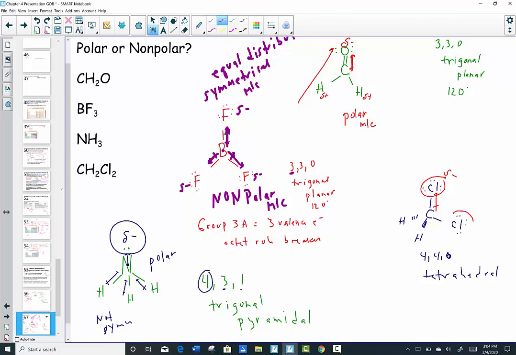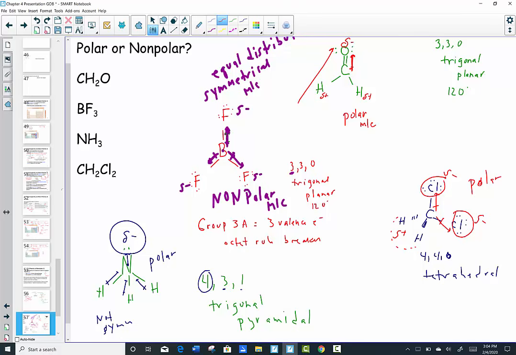And the same story here, this distribution is being pulled towards this very electronegative element chlorine, making this a very partially positive region over here for the hydrogens. This is a polar molecule. I have two polar bonds, and the entire structure is also polar.